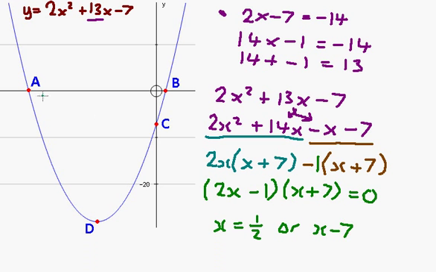So the coordinates of point A must be minus 7, 0, and the coordinates of B must be 1/2, 0. That's how you would factorise this equation.